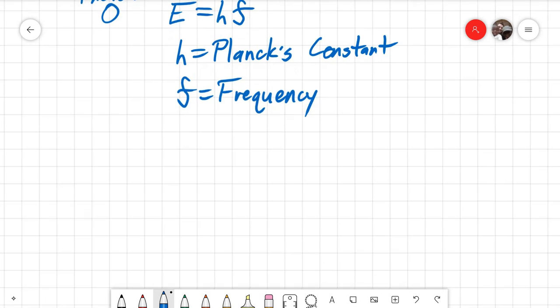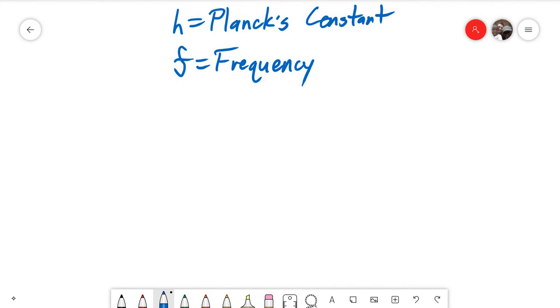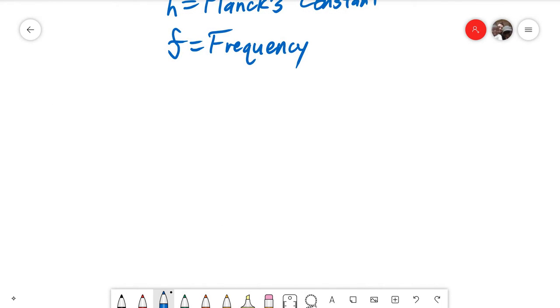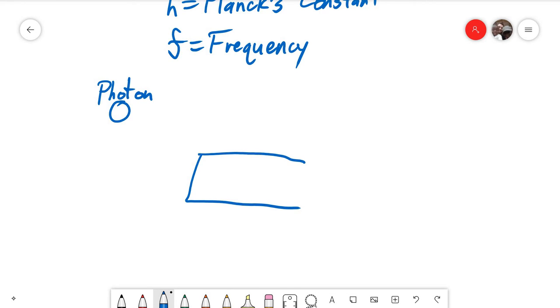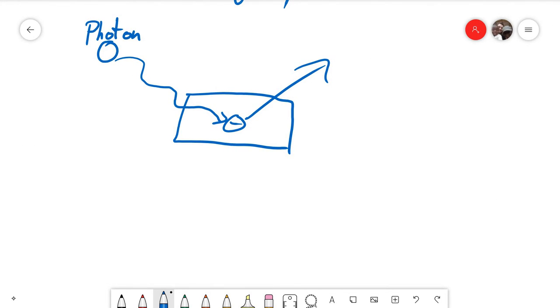Using this concept of photons, Einstein explained the photoelectric effect by saying that when a photon strikes an electron, we'll say we have a metal plate here with an electron on it. When a photon comes and strikes that electron, the energy of the photon can eject or boot the electron off of that given material. But in order for the photon to kick off that electron, it needs to have enough energy. Without enough energy, it's just not going to work.